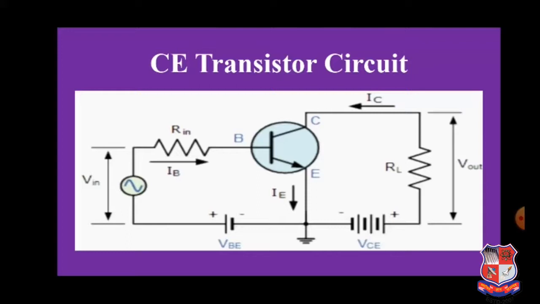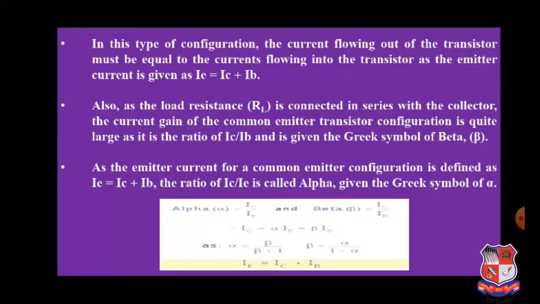So this was all about the circuit configuration for common emitter transistor, and now we will look at its actual mechanism, and we will try to identify the highest current and power gain, which is an interesting topic for the amplification purpose.